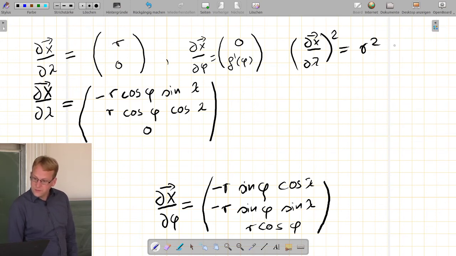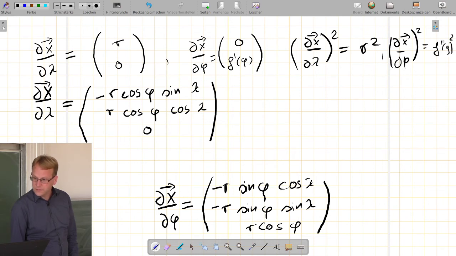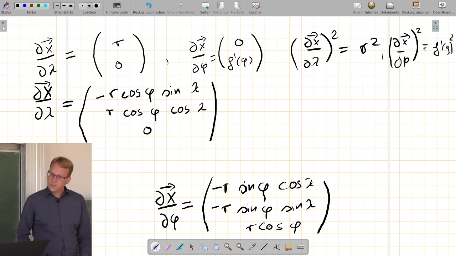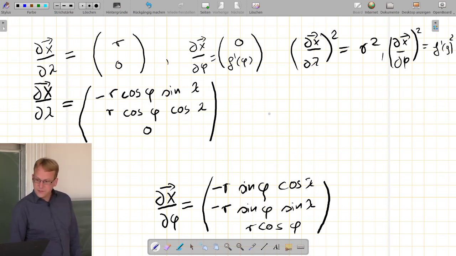And the other one here, dx d phi squared, that is simply f prime of phi squared. So what we need here is, of course, also the other terms, like this one here, dX by d lambda squared.